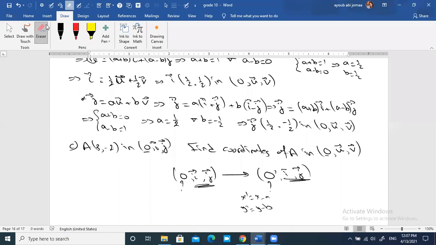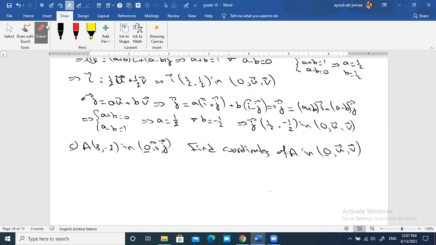A and B would be the coordinates of the new origin in the old system. We have the same origin, so certainly it doesn't work.